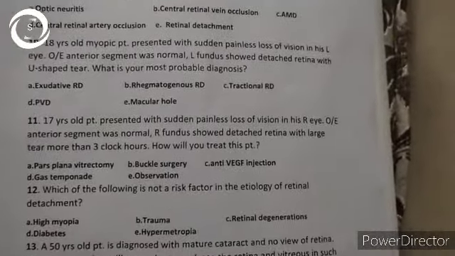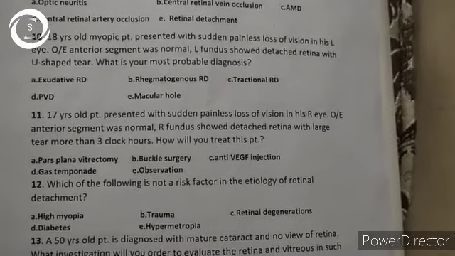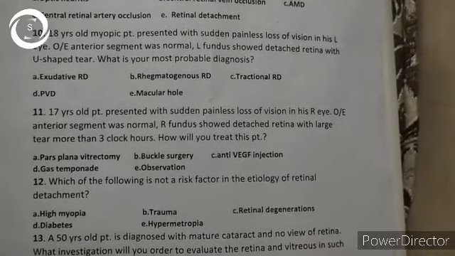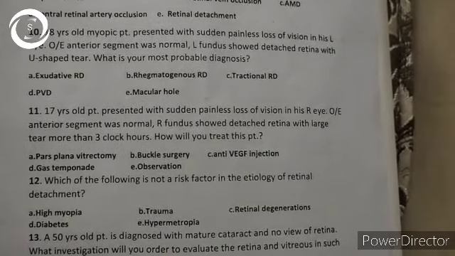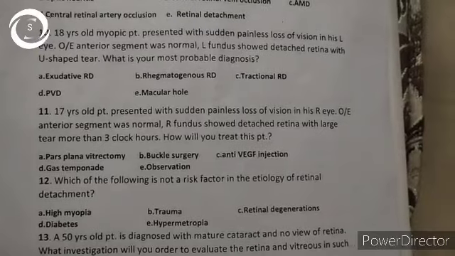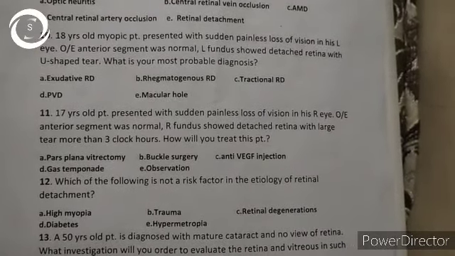Then comes the 17 years old patient presented with sudden painless loss of vision in the right eye, and right fundus shows detached retina with large tear more than 3 clock hours. Now a tear more than 3 clock hours means giant retinal tear.